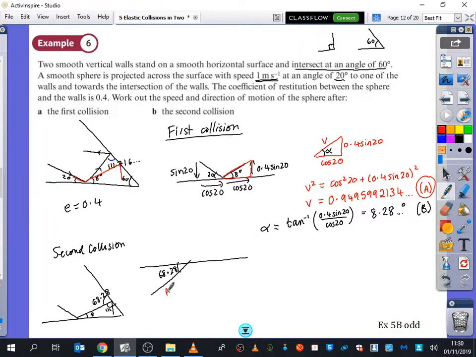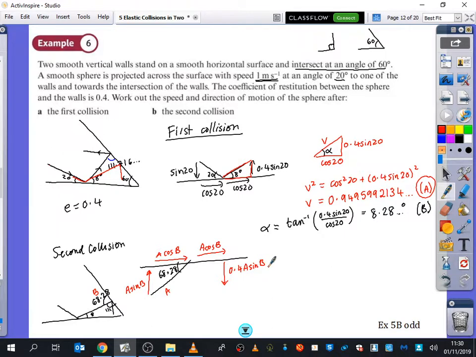So we can say that that is going to be A. Oh, so a V, not a B. So this one running along here would be A cos B, that angle that we've called B. And going here would be A sine B. So as we go across here, this will remain as A cos B, and this one would be 0.4 A sine B. Good. 0.4 E is 0.4 A sine B.